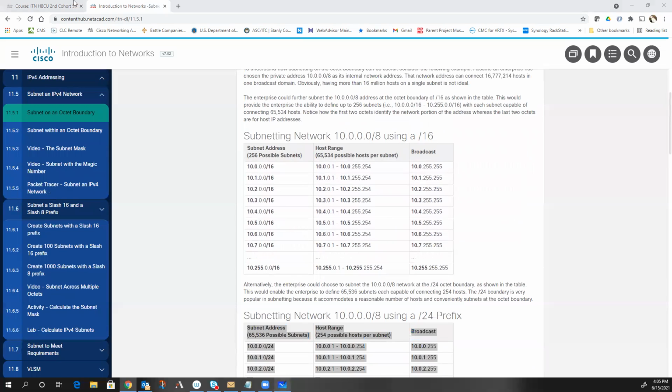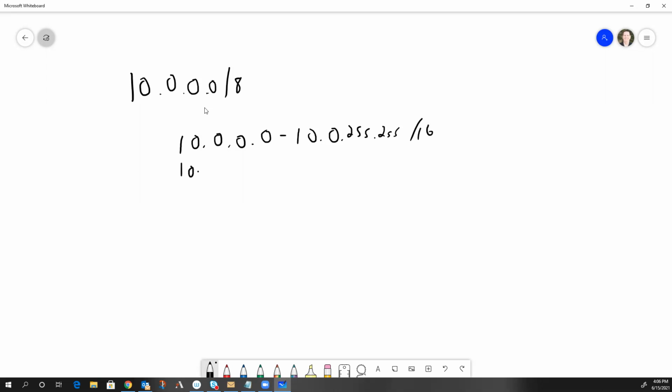One of the things we do here, for instance, we've got the 10.0.0.0/8. Go ahead and break it down to 10.0.0.0/16. So it'll be 10.0.0.0 to 10.0.255.255. That's a /16. And it's 10.1.0.0 to 10.1.255.255.